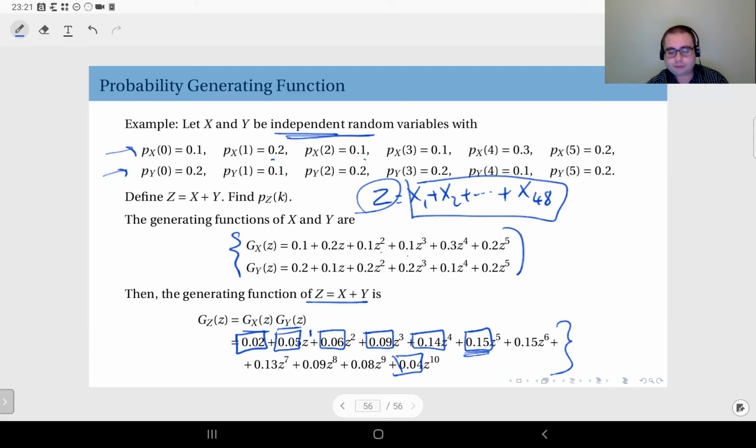You would need to find a convolution between the first two, and then a convolution between that result and the next one, another convolution, so you need to perform 47 convolutions, for instance. Using generating functions, you just perform one multiplication throughout, and by looking at the coefficients, you get the distribution right away.